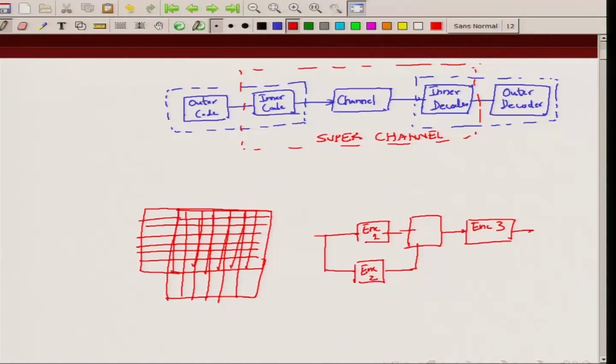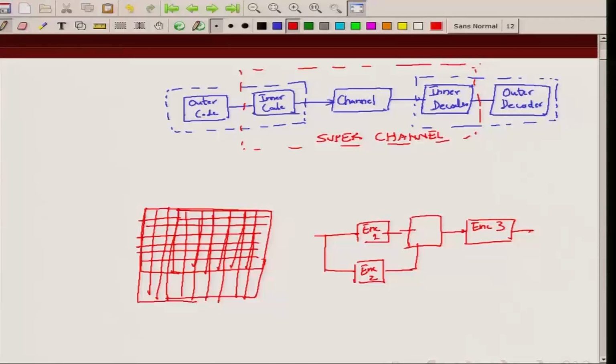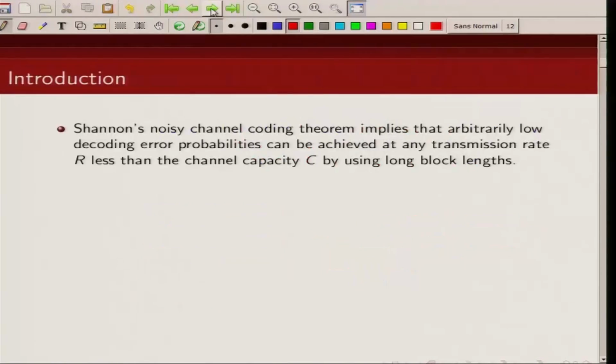This is called an incomplete product code, and then you could also have checks on checks. So, that is a product code. There are various ways in which you could concatenate or combine two smaller codes to create a more powerful code. In this lecture, we are going to talk about one such class of concatenated codes, which is called turbo codes. It is essentially a class of parallel concatenated codes.